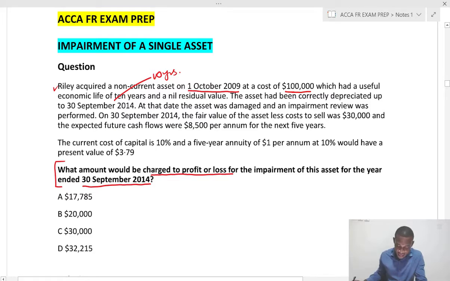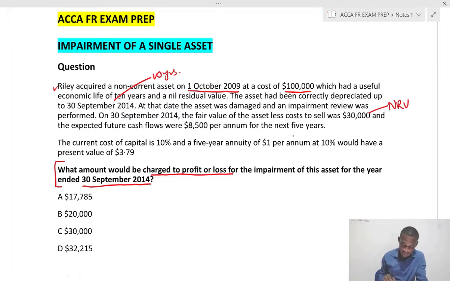The asset had been correctly depreciated up to 30th September 2014. At that date, the asset was damaged and an impairment review was performed. On 30th September 2014, the fair value of the asset less cost to sell was $30,000, that is net realizable value. And the expected future cash flows were $8,500 per annum for the next 5 years.